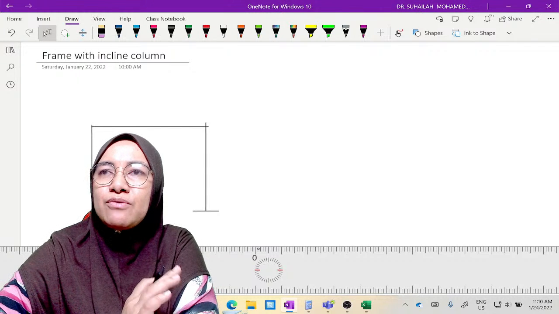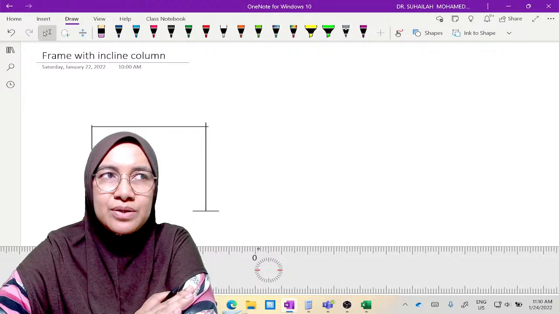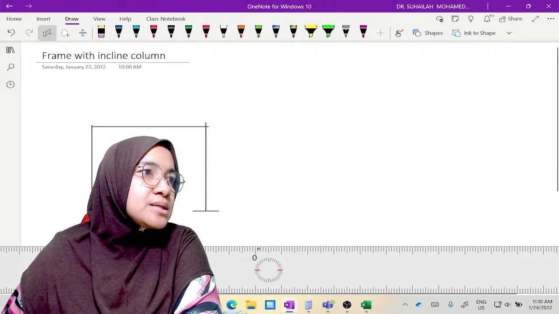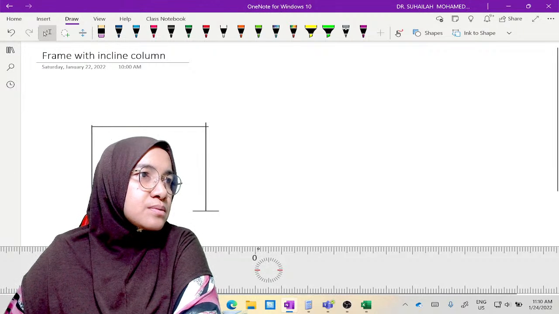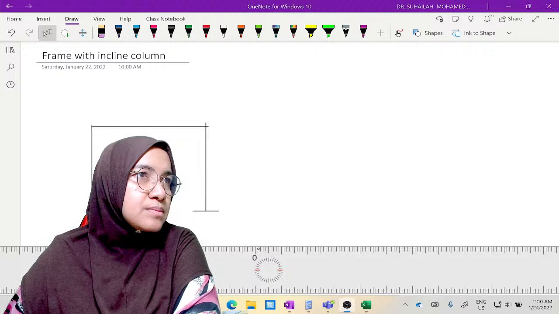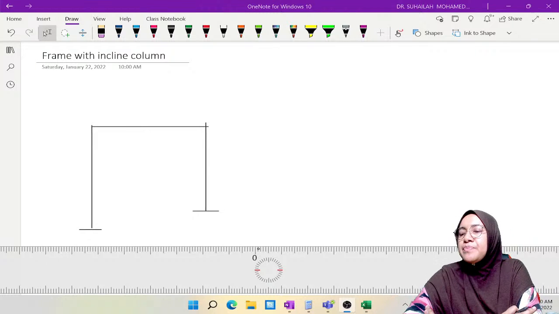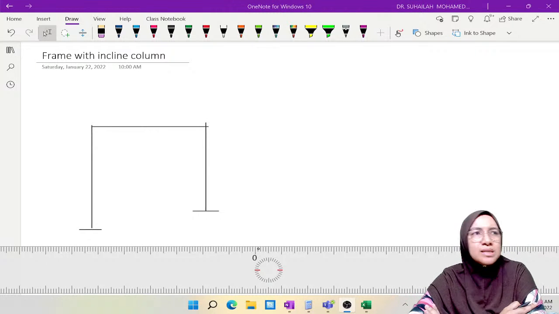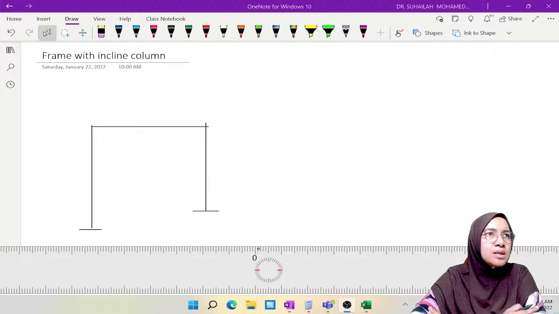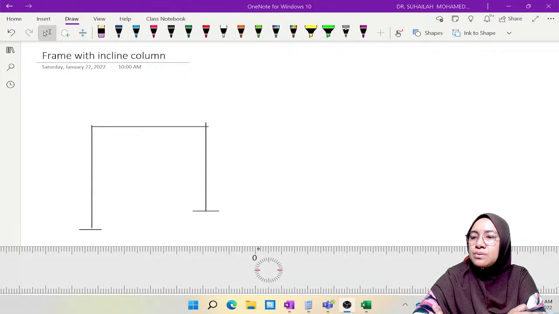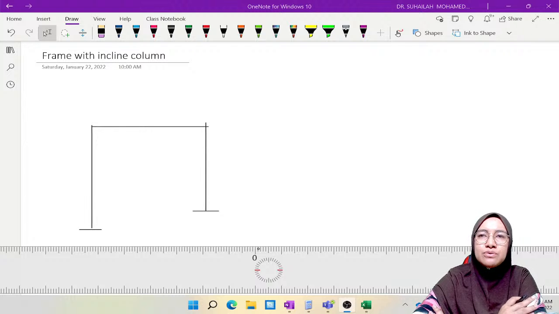It means that when the frame tends to sway to the right direction or left direction, what we need to understand is that we have to find where the delta is.